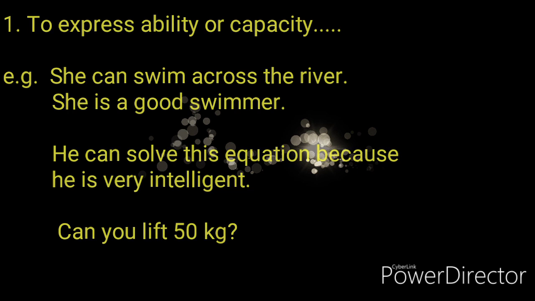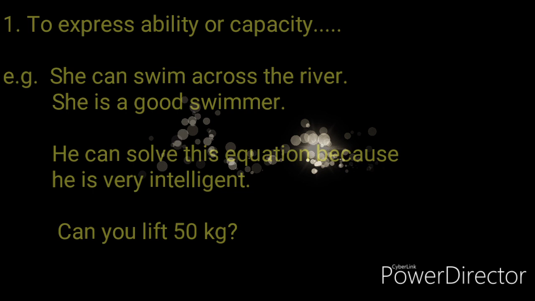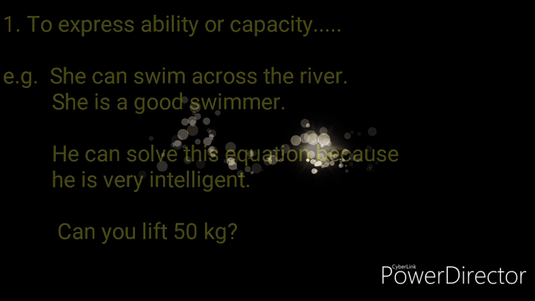Next example is can you lift 50 kg? To lift 50 kg, we require capacity. Without capacity or physical power, we cannot lift 50 kg. So this sentence shows the capacity. So we have to use can modal.